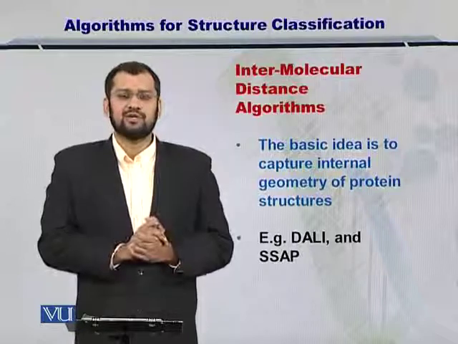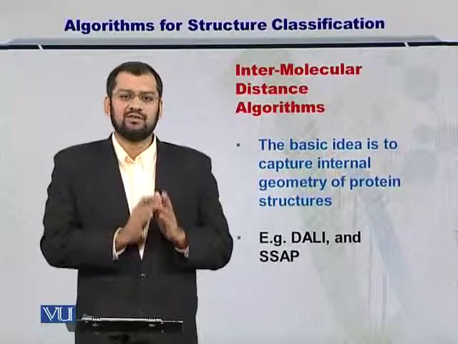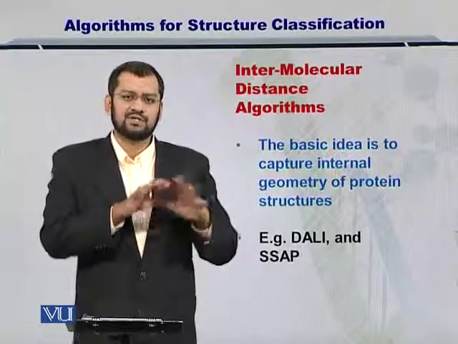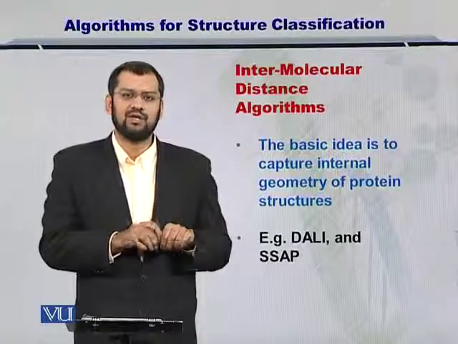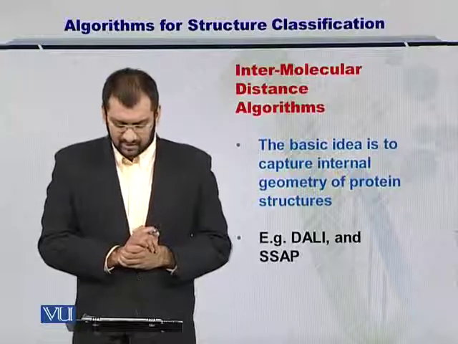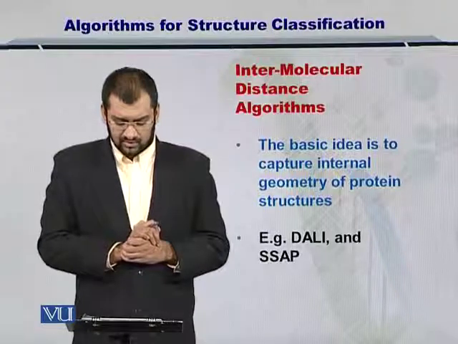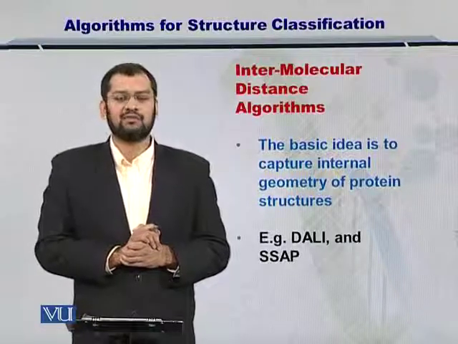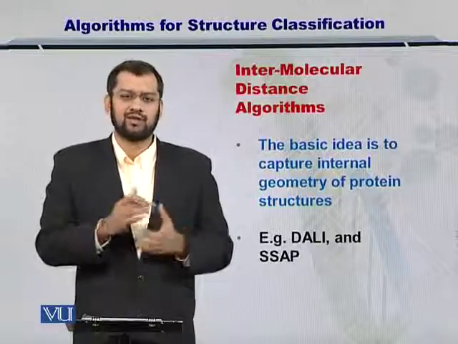As I just mentioned, the basic idea of such schemes is to capture the internal geometry of the protein and then talk about the overall structure. The examples include the DALI and the SSAP algorithms, and we'll look at them later.